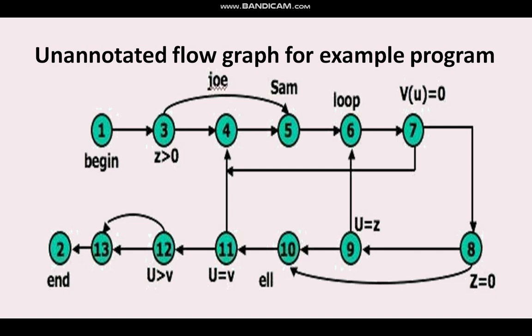For example, see this particular graph. It contains a set of nodes, an initial node and an end node. This one is the end node. Apart from that, it also has some predicate nodes and looping nodes, and various kinds of variables are also there in this graph.